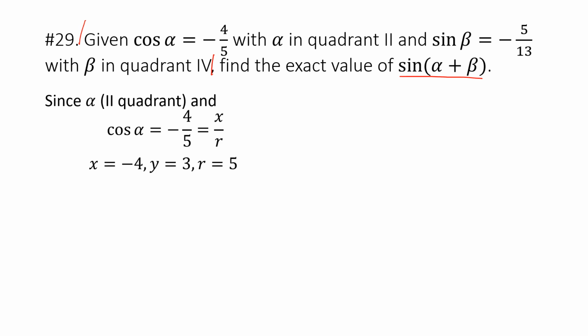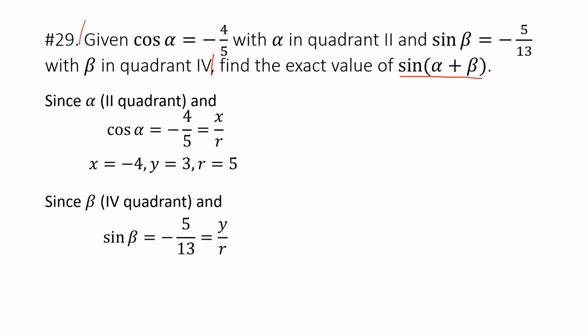So x is negative 4, r is 5. The Pythagorean combination is 3, 4, 5, right? So y has to be positive 3. How about beta? Beta is in the fourth quadrant, x value positive, y value negative. Sine beta is negative 5 over 13, so y is negative 5, r is 13. Another Pythagorean combination, 5, 12, 13, so x is 12.